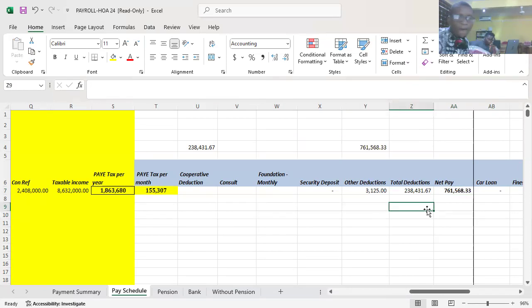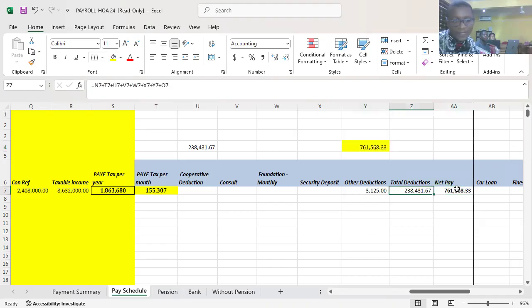Okay. So this one is just for us to check. This figure you are seeing here is there for us to know if you are collecting 1 million naira, how much will be your net pay? Your net pay will be this amount, right? Yes or no?